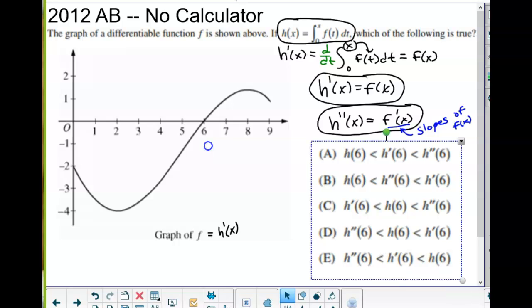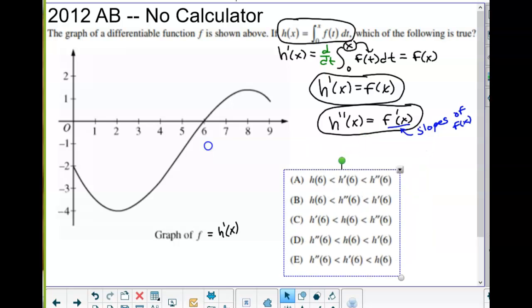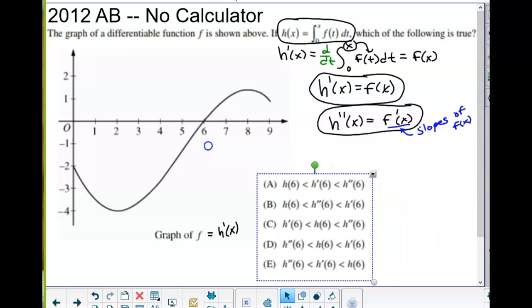So now the question is, how does all that relate back to the point at h of 6? So I'm going to start with h of 6. That's the very first given function. And you're not going to get answers here. What does that mean to you?